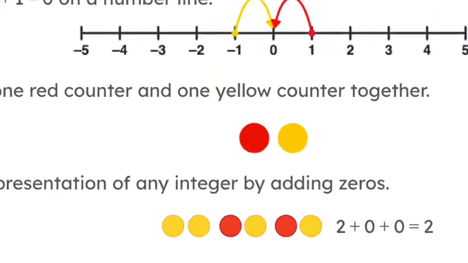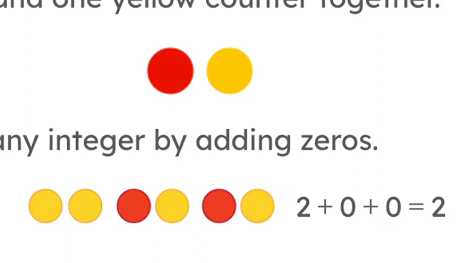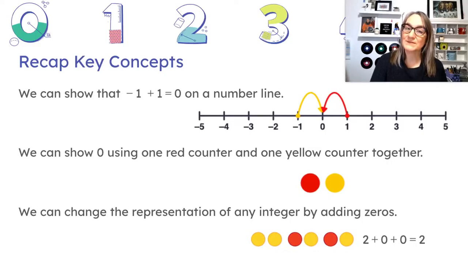So once again, 2 red tiles, that's our integer 2. 1 zero pair is our first 0, second zero pair is our second 0. 2 plus 0 plus 0 equals 2.